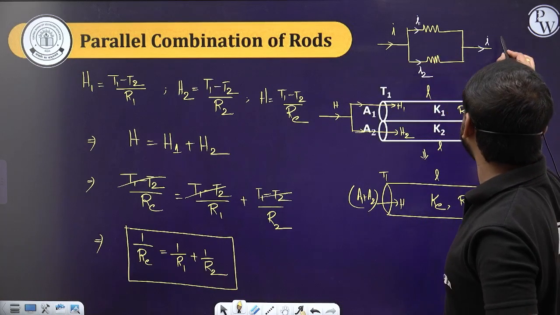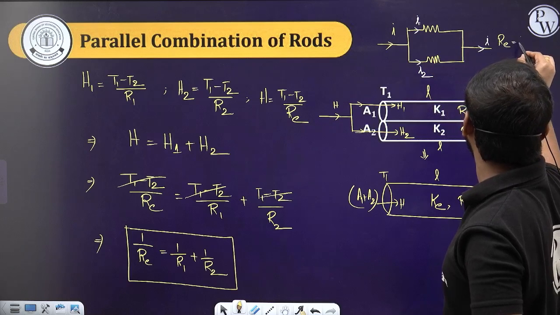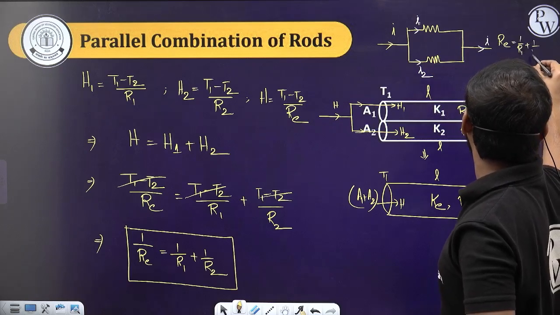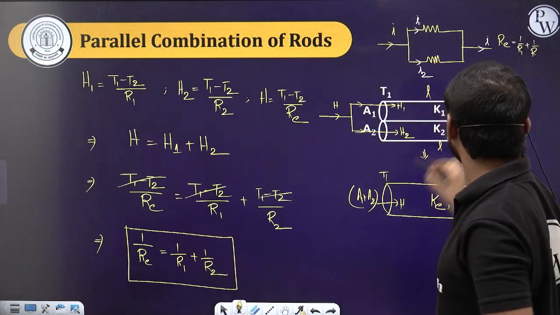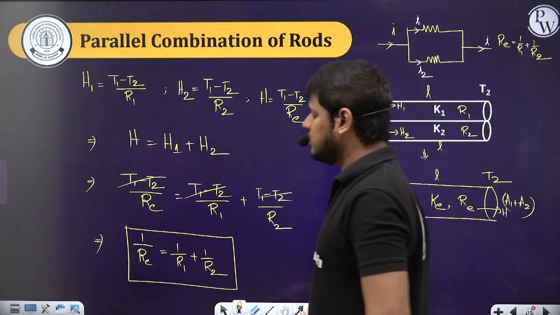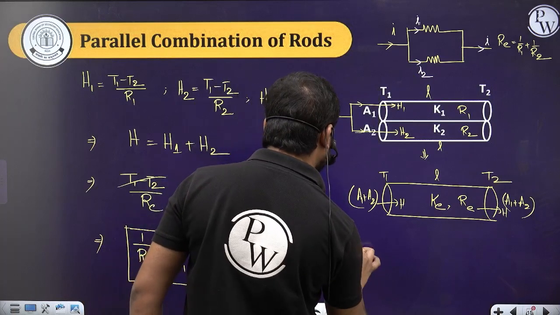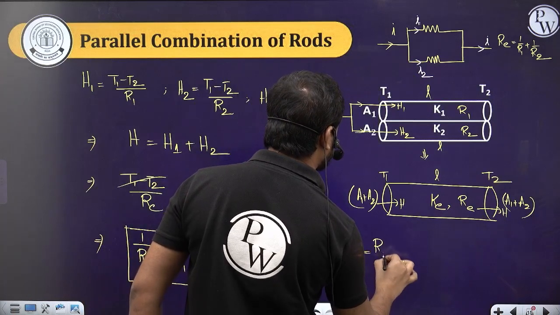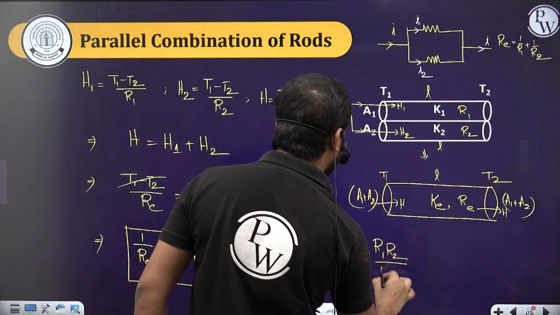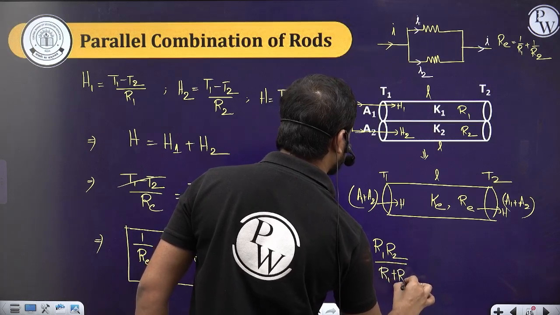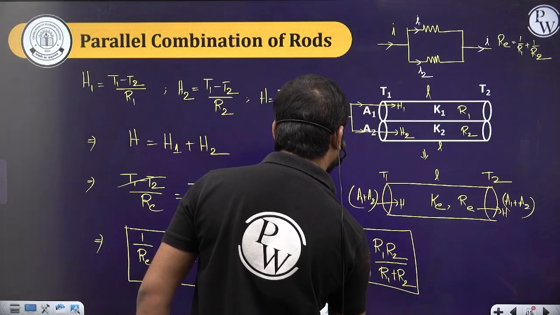In the resistors case also, you know, right? 1 by R1 plus 1 by R2. So if there are only two conductors connected in parallel combination, the general formula that you can write is R equivalent is R1 R2 by R1 plus R2.